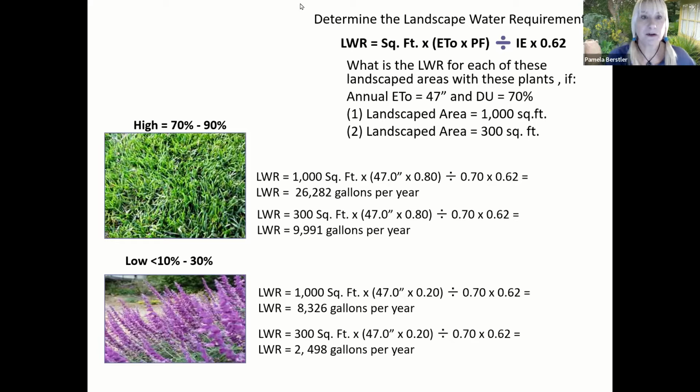It had one hydrozone that was high water requiring, one that was medium, and one that was low. Those are 3 different plant factors, right? And the areas are going to be different, maybe among them. The way that you come up with the landscape water requirement is you calculate the hydrozone water requirement of each area, and then you sum them, and that gives you your landscape water requirement.